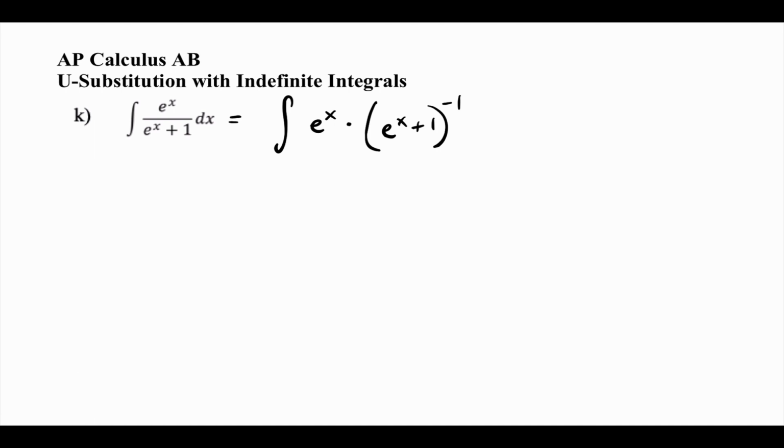I have two options. I can make e to the x plus 1 this guy u, or I can make this guy u. Doesn't matter. Okay? Let's try one. Let's try e to the x plus 1. Let's try that guy. See what happens.